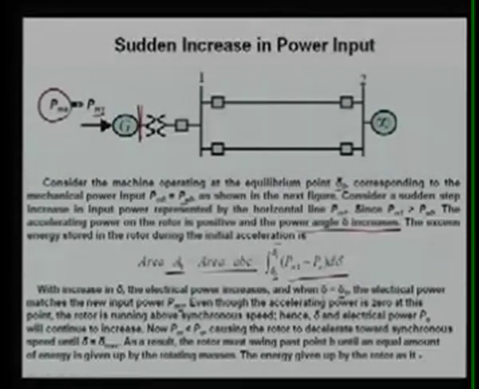Hence delta and the electrical power will continue to increase, and now this PM will be less than P, causing the rotor to decelerate toward the synchronous speed until this delta is delta max. As a result, the rotor must swing past point B until an equal amount of energy is given up by the rotating mass.